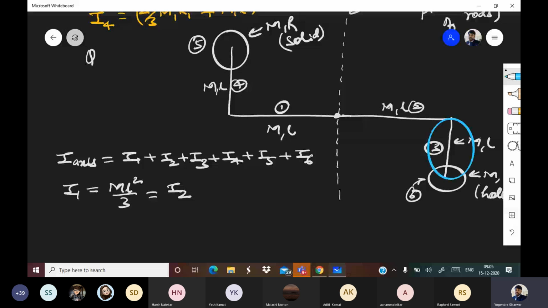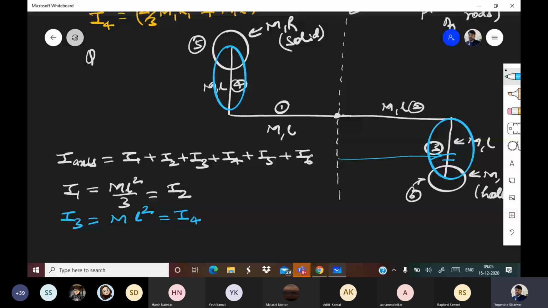If you see all the particles on this rod, they remain at distance of L. So I3 will be m into L square, and same will be I4 because both rods are identical.